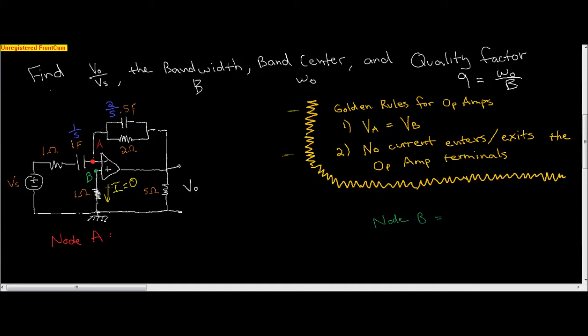And we said that that current equals 0. So if V equals IR, and I equals 0, that means V equals 0. So that means that this thing is essentially just a shorted wire, which means that B is 0 volts. So that is very important. B equals 0 volts. And because we said VA equals VB, we know that this equals VA.